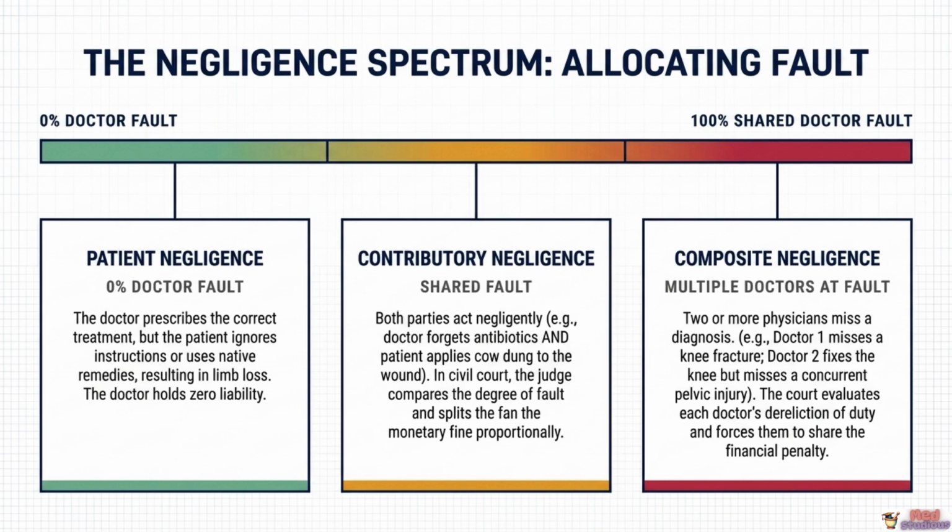At the other extreme is composite negligence, involving two or more physicians who each contributed to the harm through independent failures. A classic example: one doctor misses a knee fracture on imaging, and a second doctor treats the knee injury but fails to identify a concurrent pelvic fracture. The court evaluates each physician's independent dereliction of duty and apportions the shared financial penalty accordingly. Understanding this spectrum is critical for both defense strategy and for exam success.